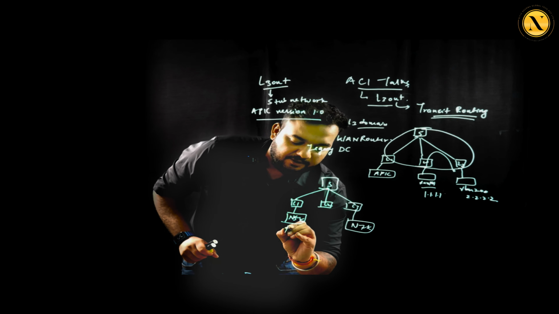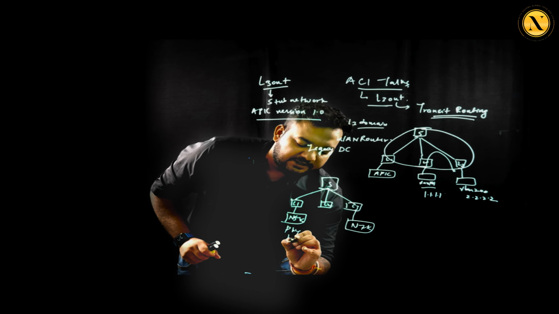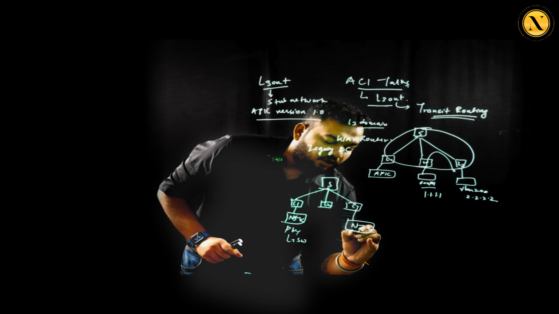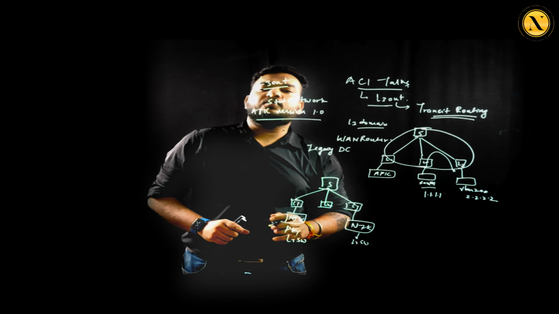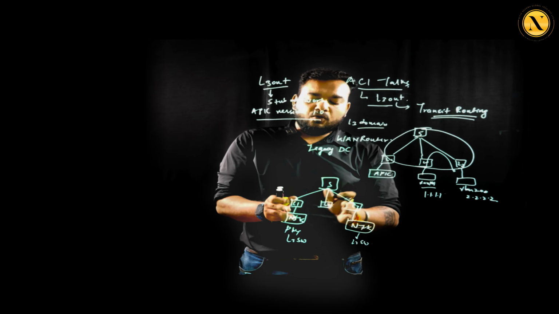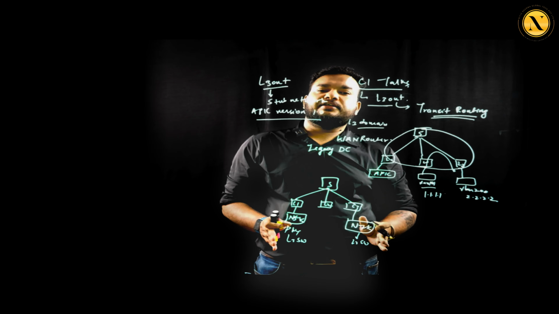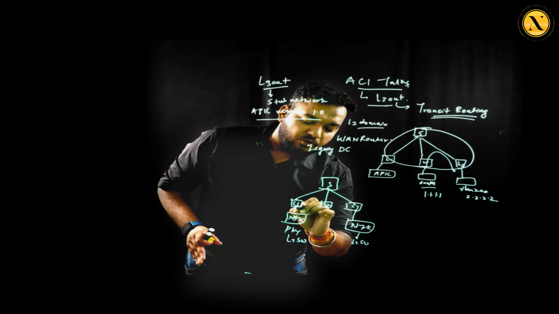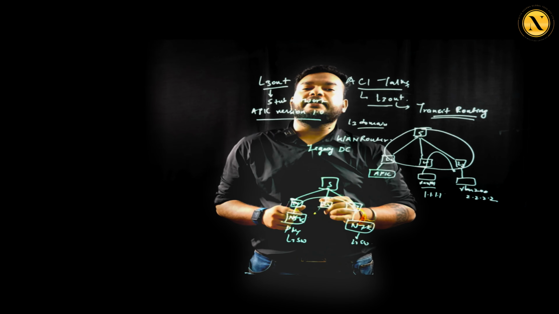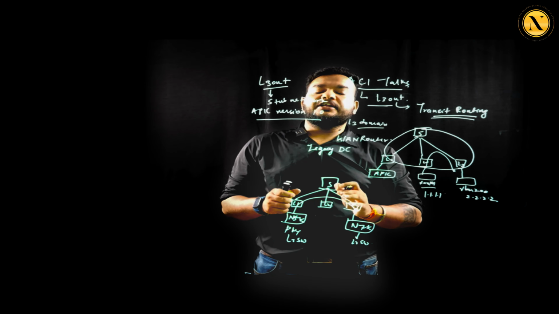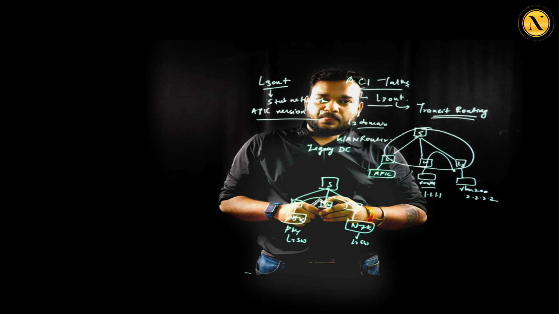This is again a physical device, let's say a layer 3 switch, and this is also a physical device, a layer 3 switch. I want communication between 2 different physical devices, and the ACI fabric is going to act as a transit for those endpoint groups to communicate. That is nothing but L3Out transit routing.